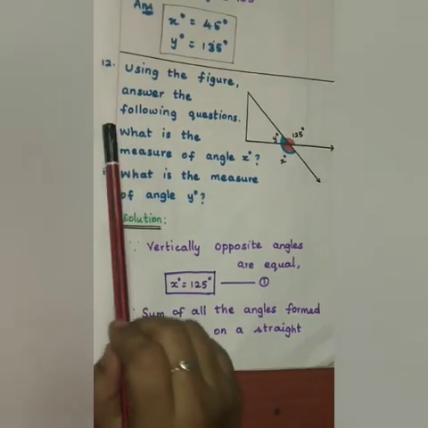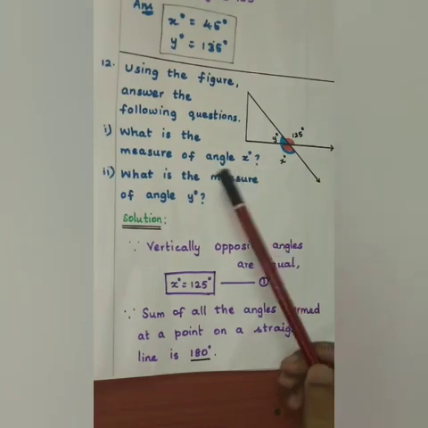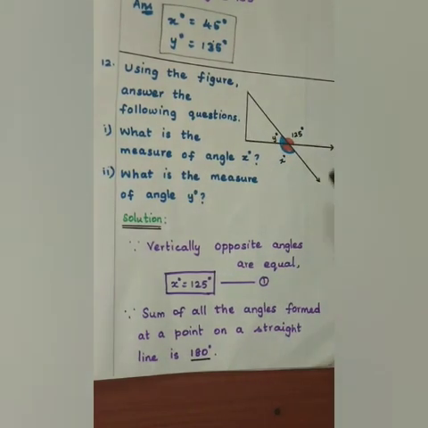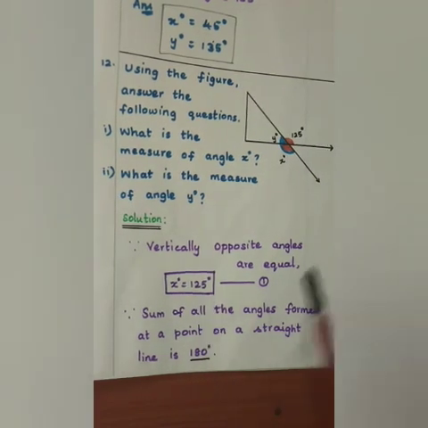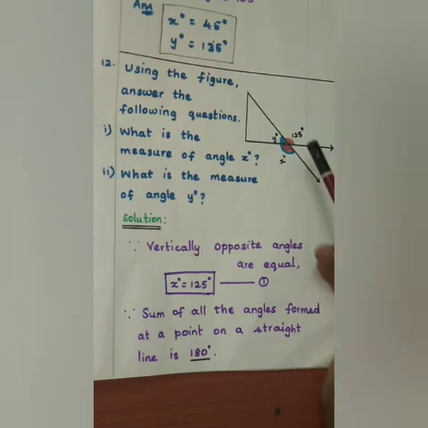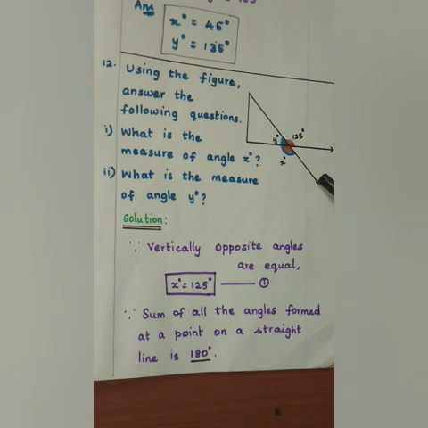12th problem. This is similar to the 11th problem. Here we are asked to find the measure of angles x degree and y degree. We know that vertically opposite angles are equal. So x degree is equal to 125 degree. x degree and y degree are the angles formed at a point on the straight line.